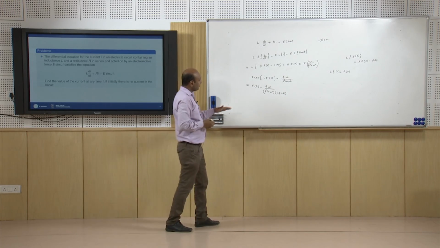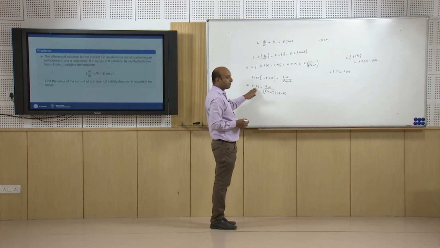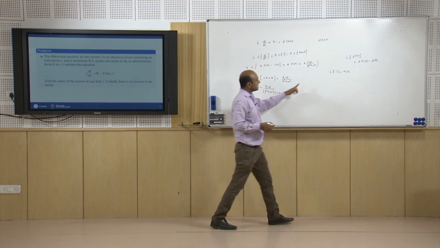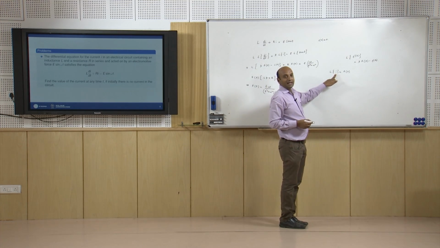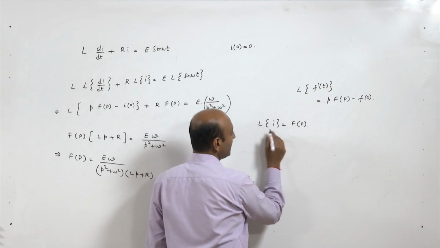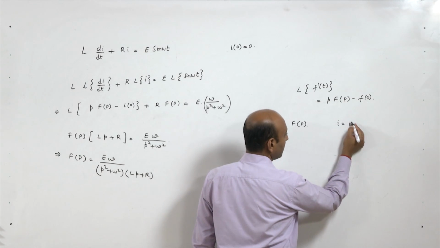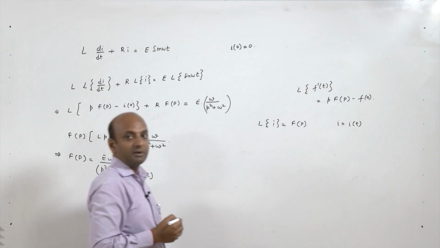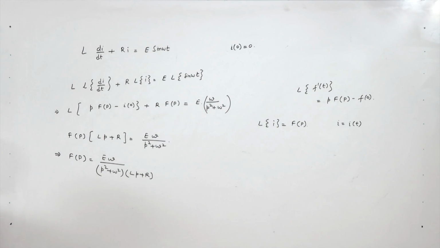This is F(p), and F(p) is the Laplace transform of I. So, what will be I? Basically, I is a function of t, I equals I(t).